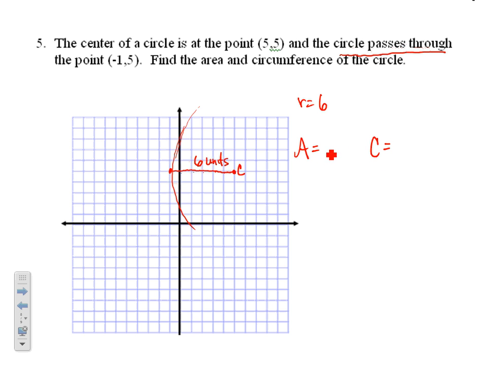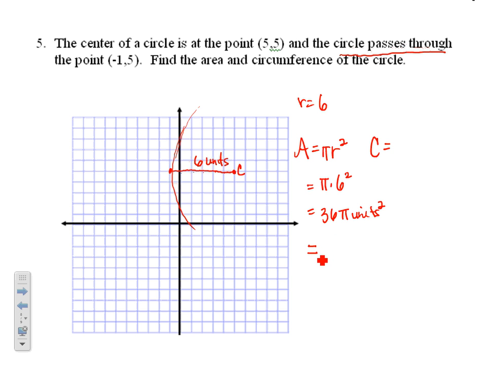Area would be pi r squared, so pi times 6 squared, which would be 36 pi units squared. That's if I wanted it in terms of pi.